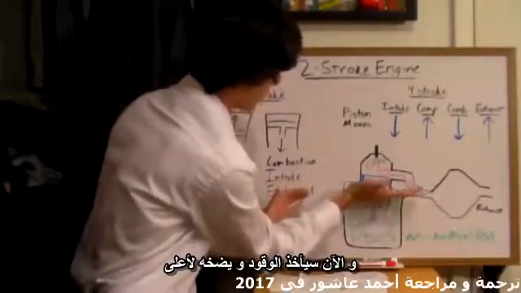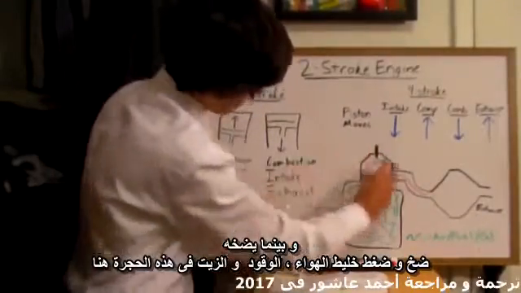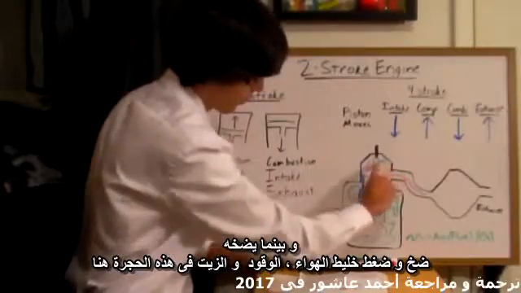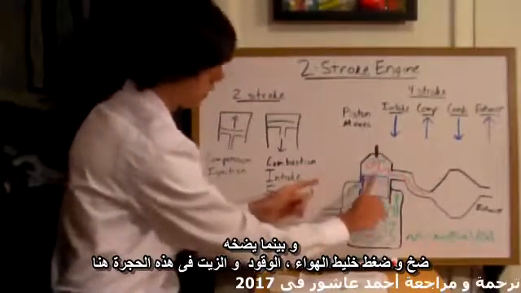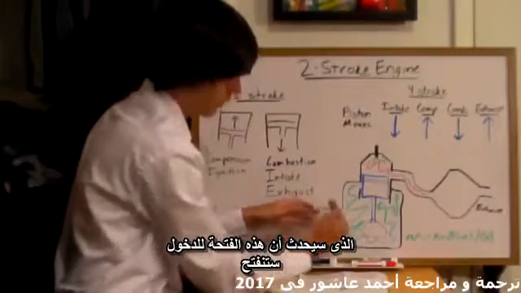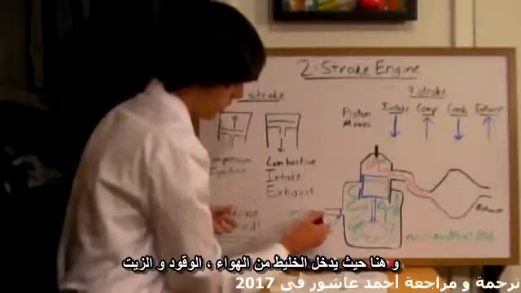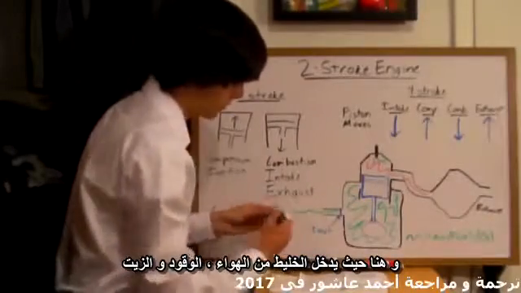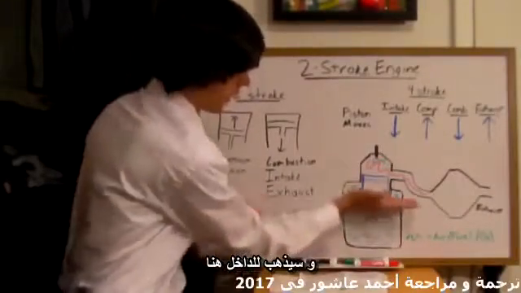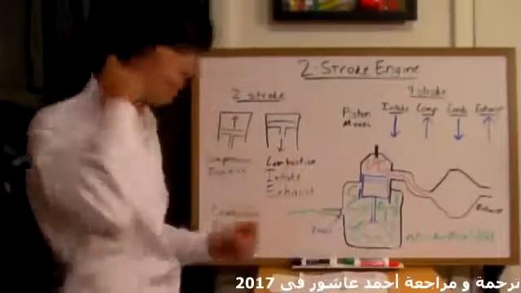Then it's going to take that fuel and pump it up, compressing the air, fuel, oil mixture. This little inlet right here is going to open, and this is where your actual air, fuel, oil mixture is coming in. So it's going to come in here, press up, ignite, and the exhaust gases are going to go out.